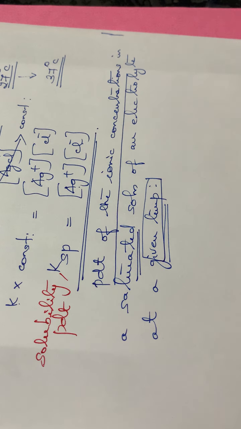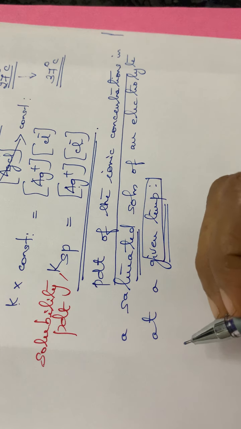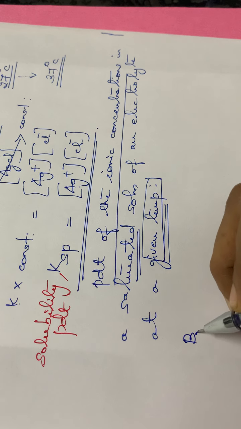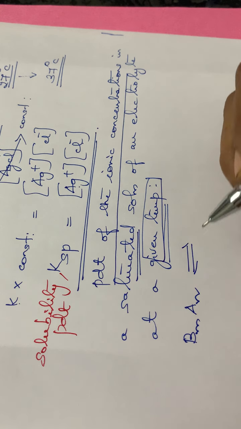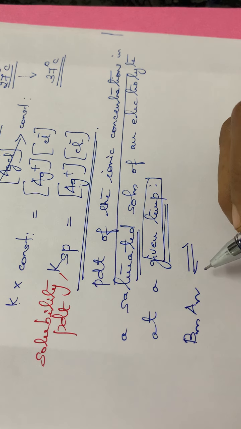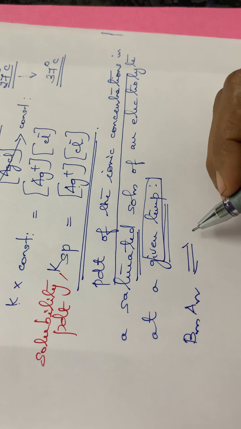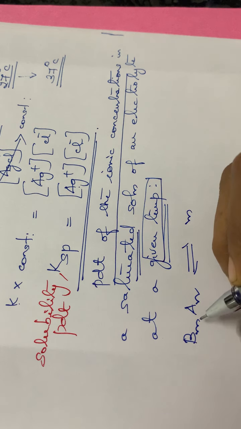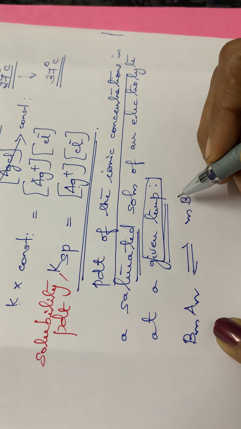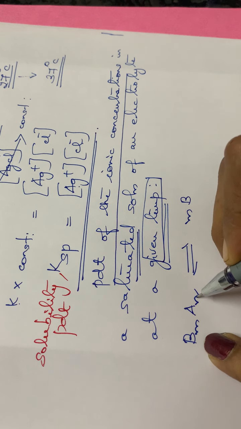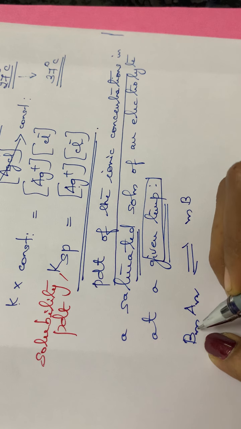So in general, if we represent a sparingly soluble salt as BmAn, this is a general expression for a sparingly soluble salt, and in equilibrium it will be a saturated solution, isn't it? So we can write the equilibrium equation like this. It will be m number of B, let B be the cation with valency n, and the charge of A will be m.